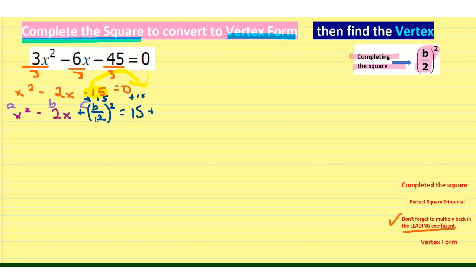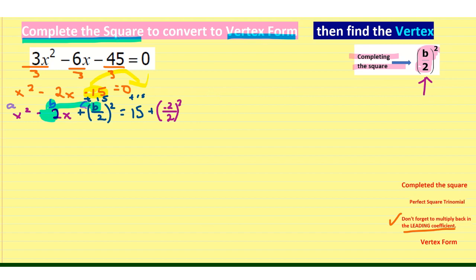So we need to recognize that our b value here in our magic bullet is coming from this b value right here, the negative 2. So we're going to plug that in and put it as negative 2 over 2, and that ratio will be squared, and that is my magic bullet, b over 2 squared.